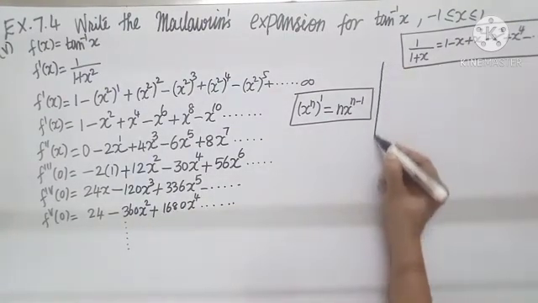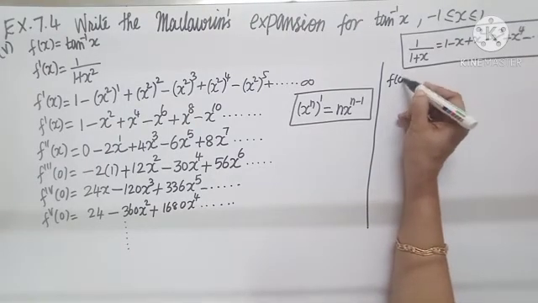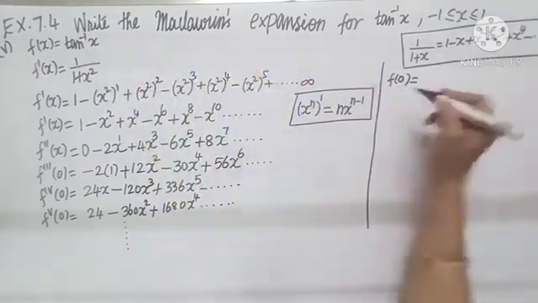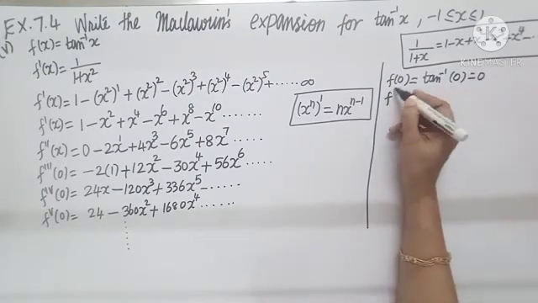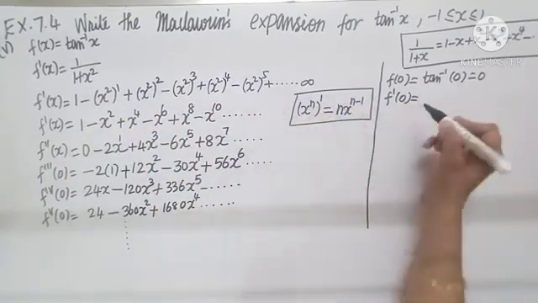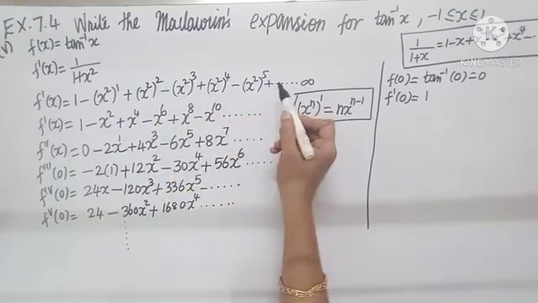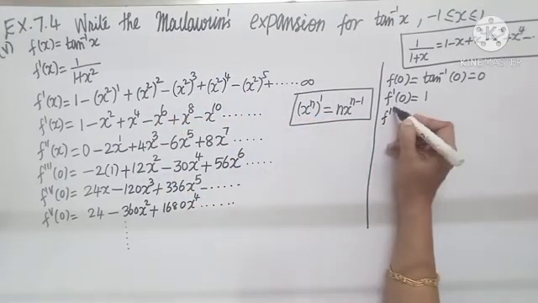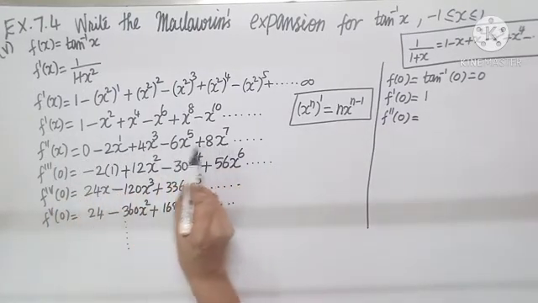Find out the derivative values at 0. F of 0 is tan inverse 0, that is 0. F dash of 0, here I have to substitute 1. All the remaining terms will become 0 because x is 0. F double dash of 0, fully containing x.